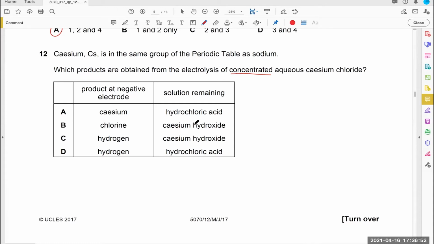The ions you have are hydrogen and hydroxide, and cesium and chloride. Hydrogen goes to one side, chloride goes to the other side. What do you have left over? Cesium hydroxide. So that is true. So C is your answer.